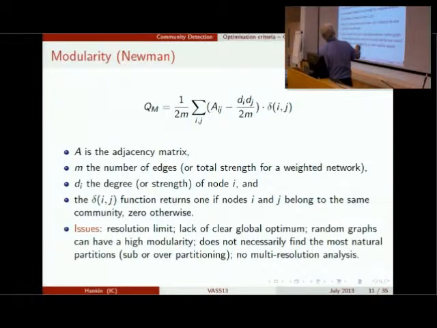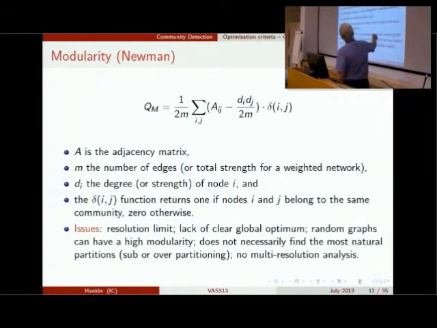And this measure, although it may look daunting if you don't have a formal or mathematical background, is actually doing something very simple. A is the adjacency matrix, so A_ij tells you the number of links between node i and node j. This term here would be the number of links that you would expect between i and j if you had a completely random graph. So how is this computed?